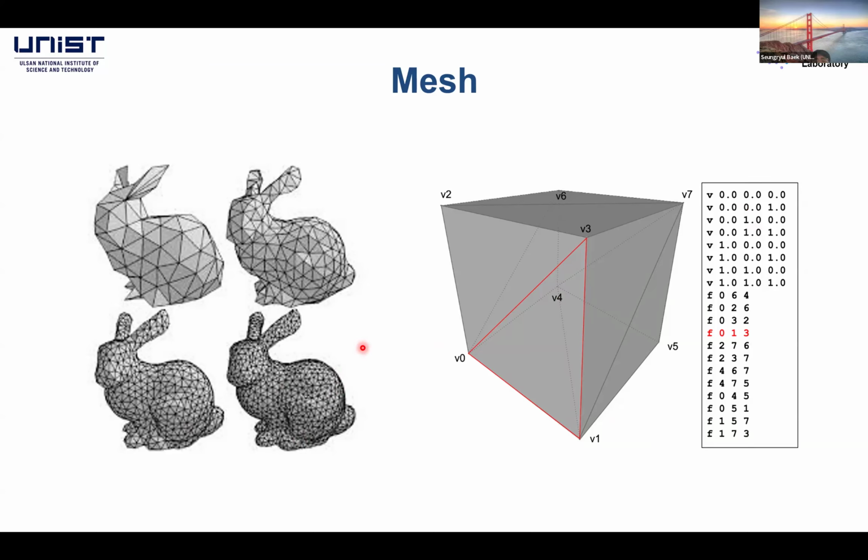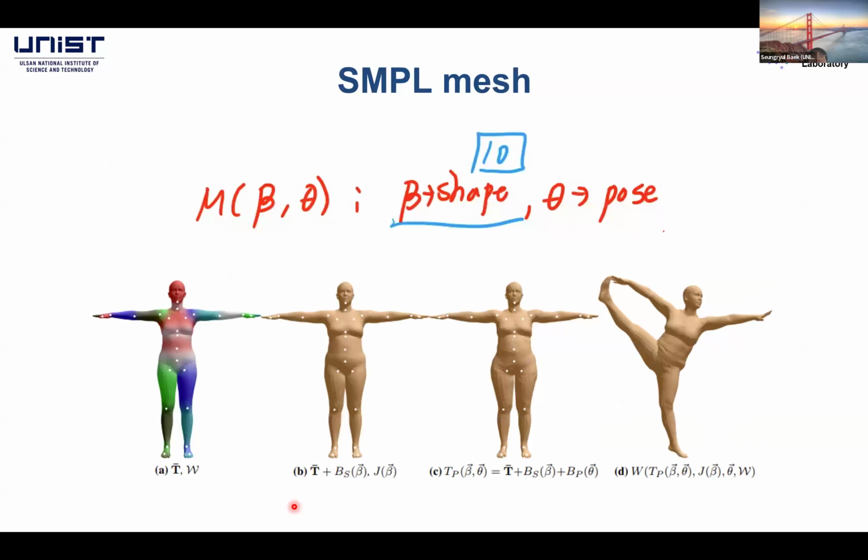So changing the vertices systematically to change the rabbit's pose and shape is not easy.